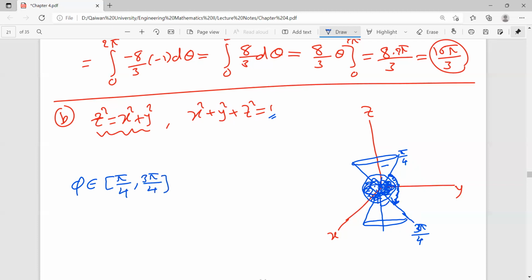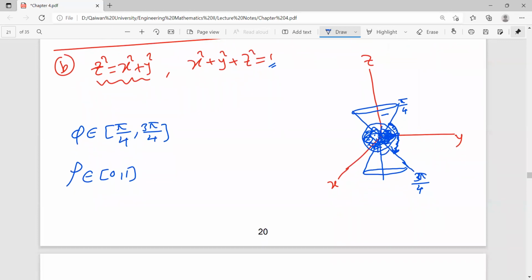The radius of this sphere is 1, so rho belongs to 0 to 1. And the sphere goes all the way around, from 0 to 2 pi, so theta belongs to 0 to 2 pi.